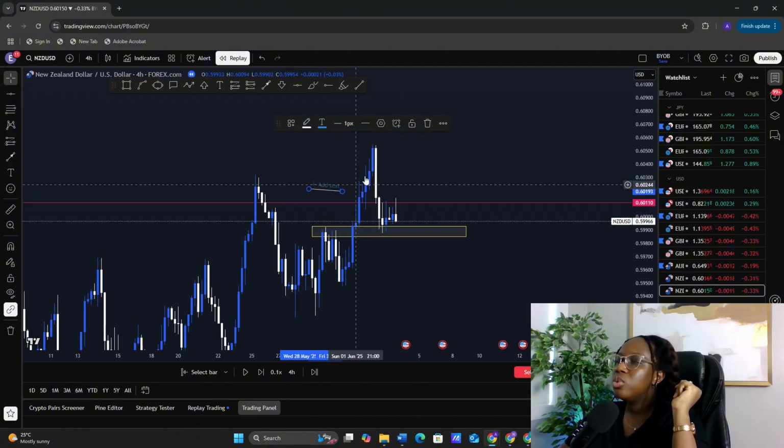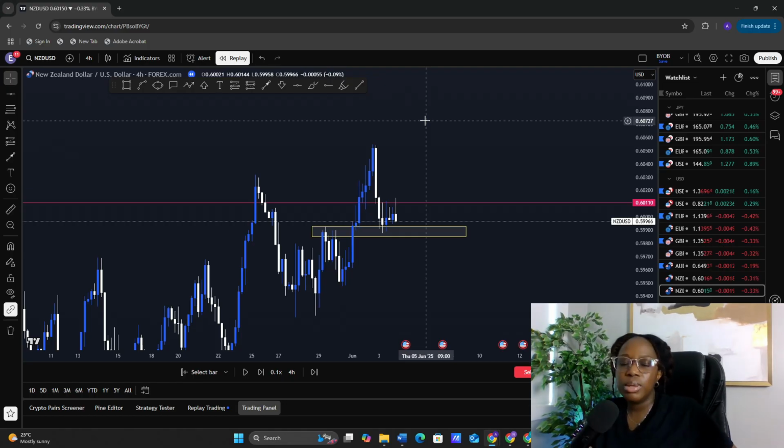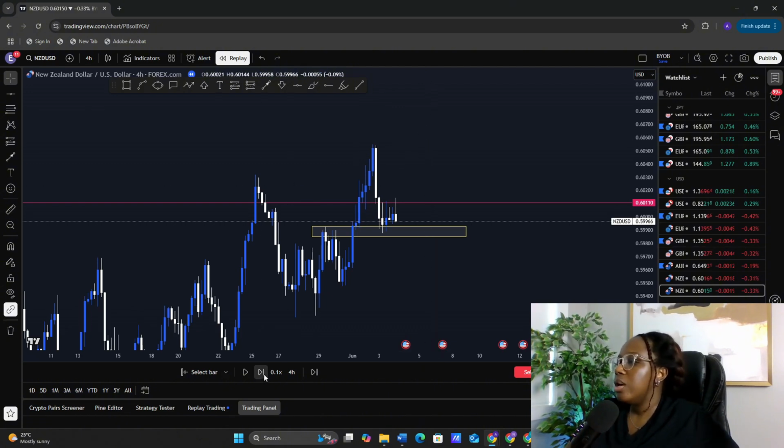However, we need the market to show its hand. We need the market to tell us that buyers are now in control, it's time to execute. The indication for that, like I just said, is a bullish engulfing when you want to buy. I believe this was at 5 a.m., this candle got printed.